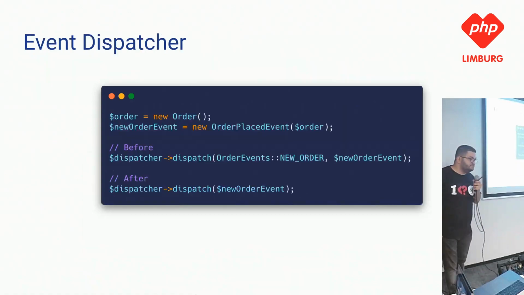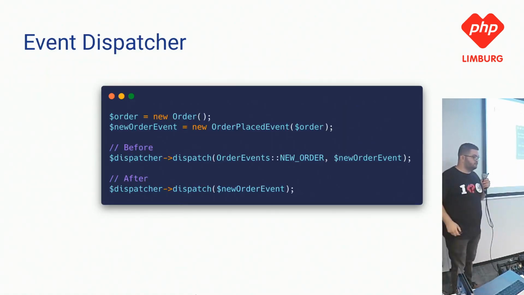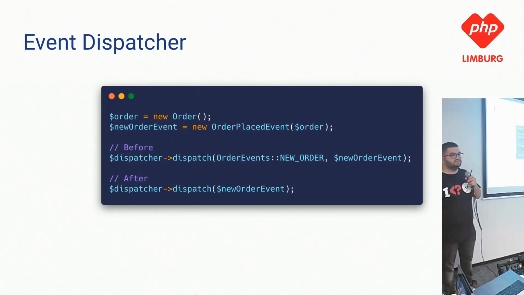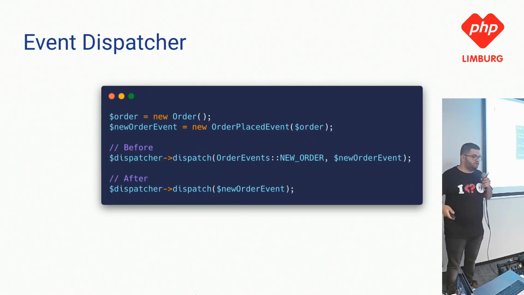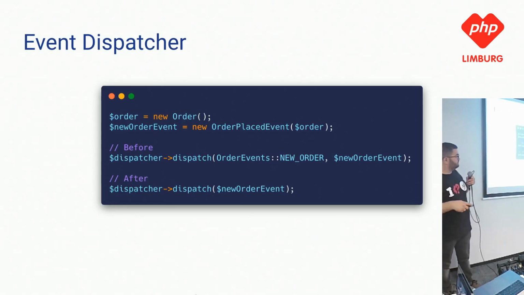Yeah, the event dispatcher changed also. In previous versions, the first argument was the event name and the second was the event itself. But with Symfony 4.3, the first argument became the event itself, and the second argument is now the event name, which is optional because the new best practice in Symfony 4.3 is to use a fully qualified class name as the event name.